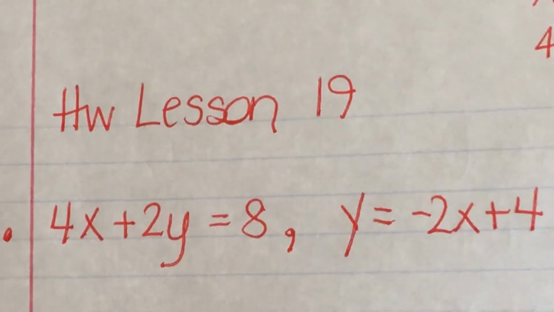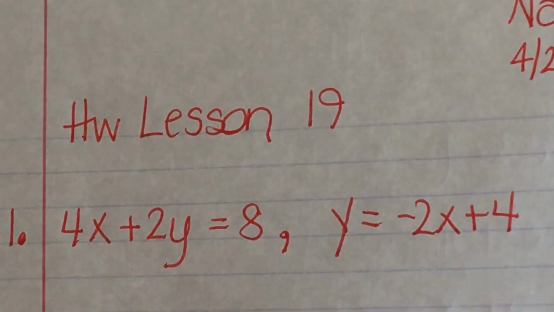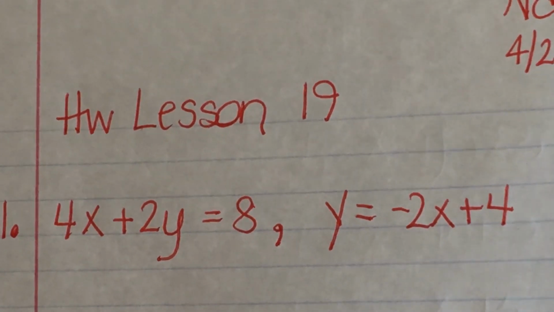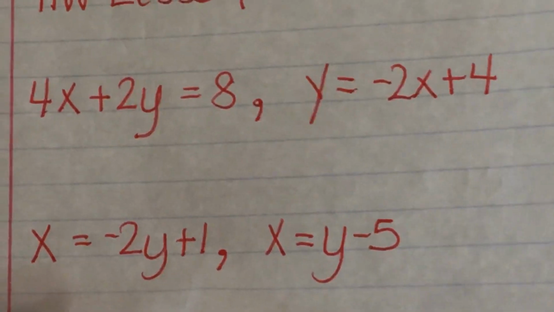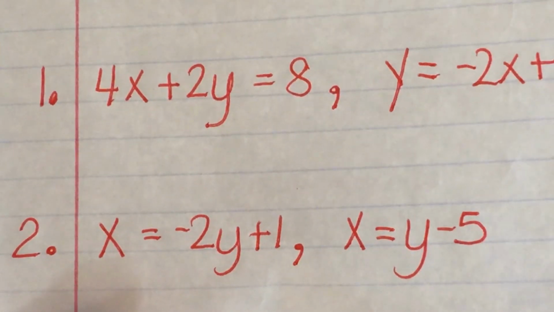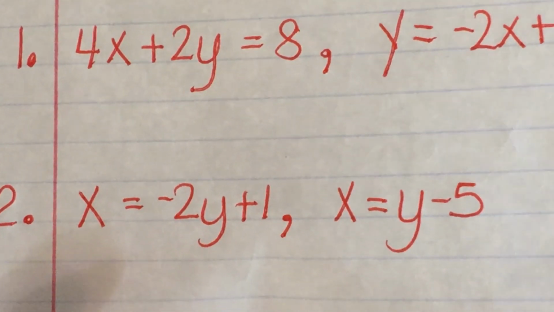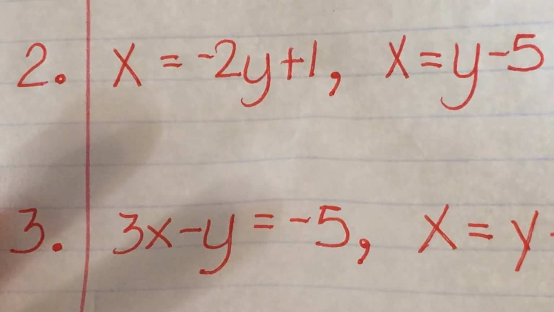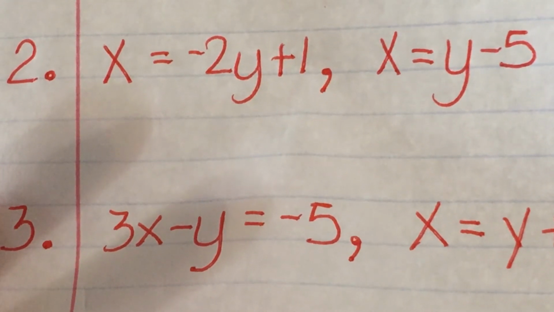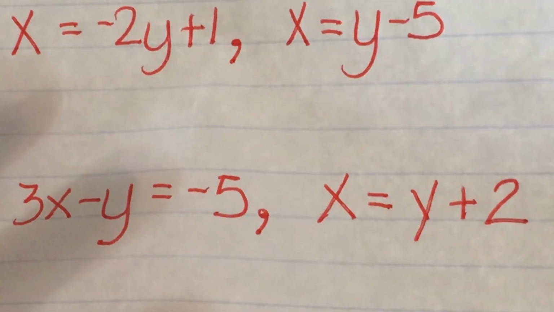Number 1. Okay, there it is. Maybe you can pause that. Okay, got it? All right, what about number 2? Okay, got that one? All right, what about number 3? Let me move that over just a little bit so you can see the rest of it.